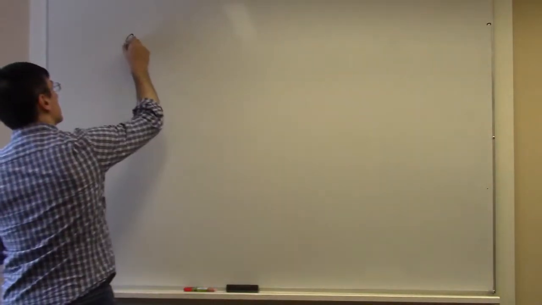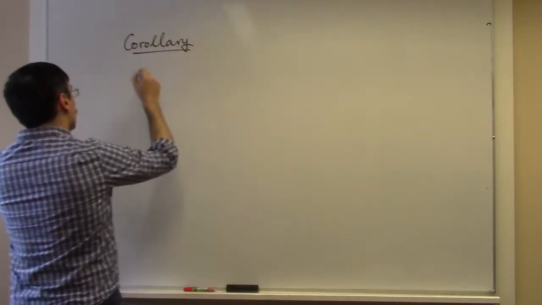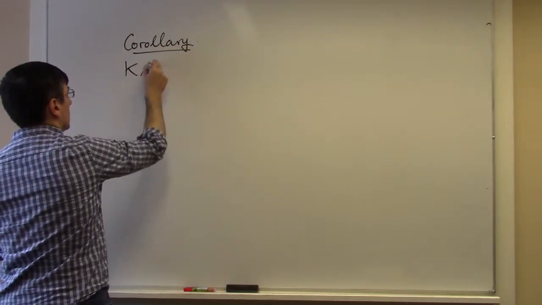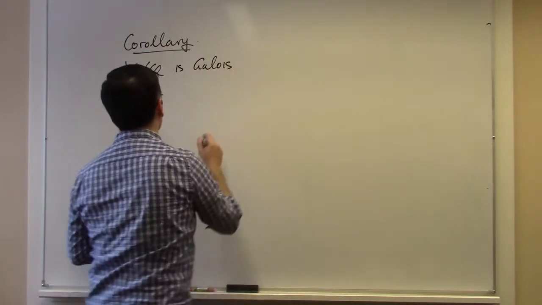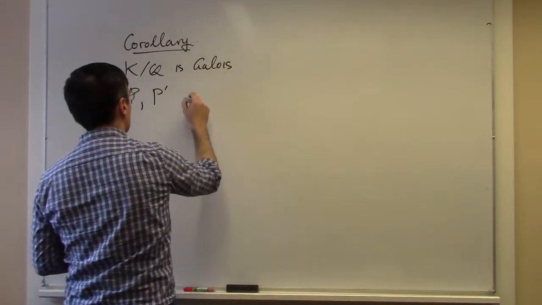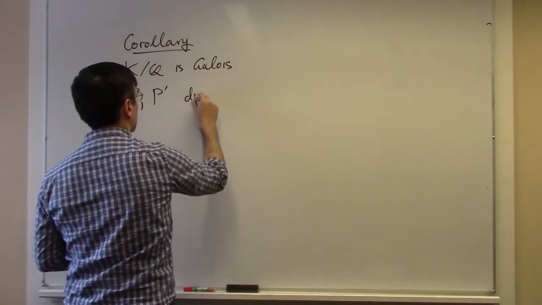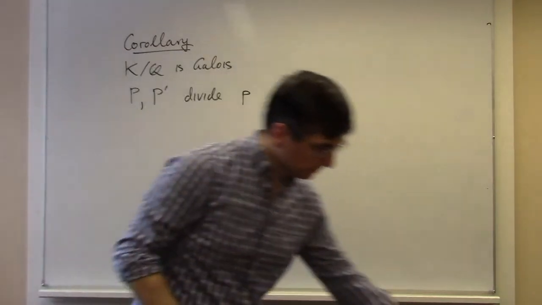So here's an important corollary. Suppose K over Q is Galois, and P is a prime dividing this small p.